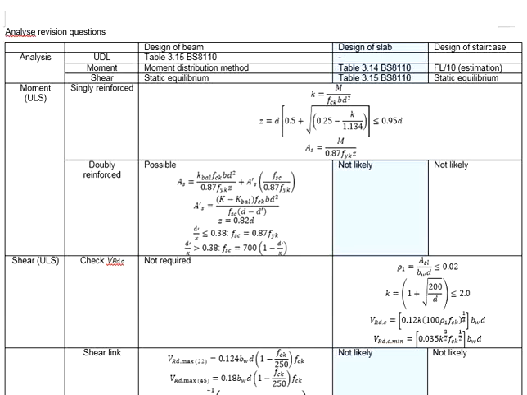It seems that the design of the slab and the staircase can be categorized as one category, whereas the design of the beam will be slightly unique from the other two structural elements. This can help you to have a better understanding in terms of identifying the aspects to be designed for these three types of structural element.